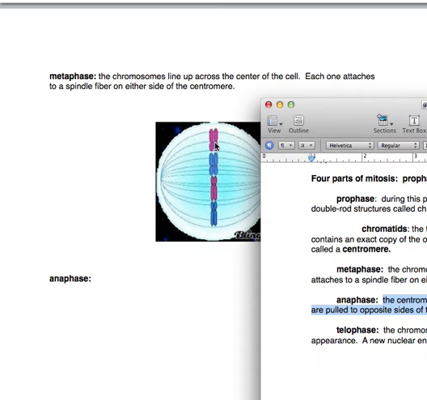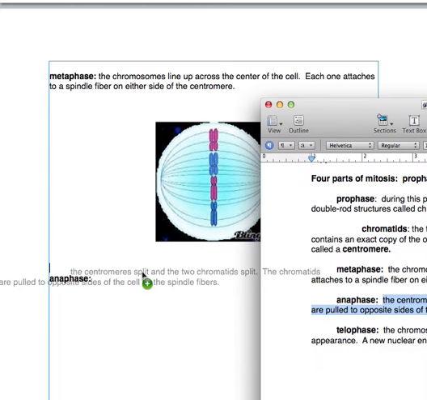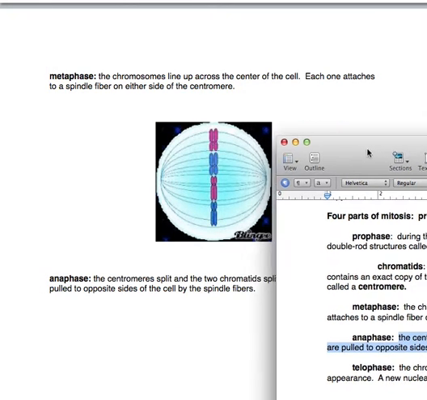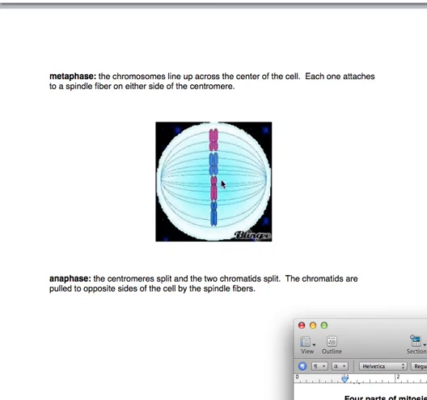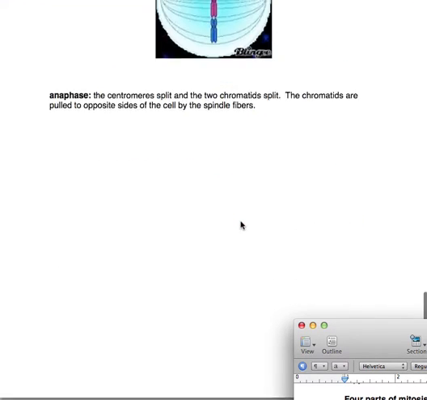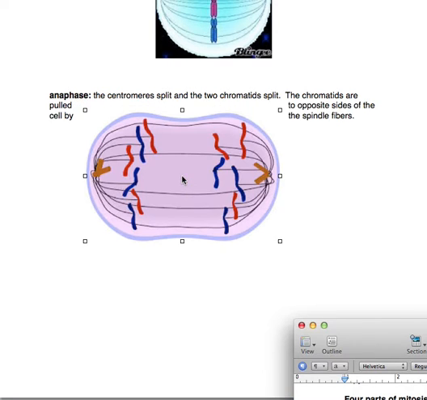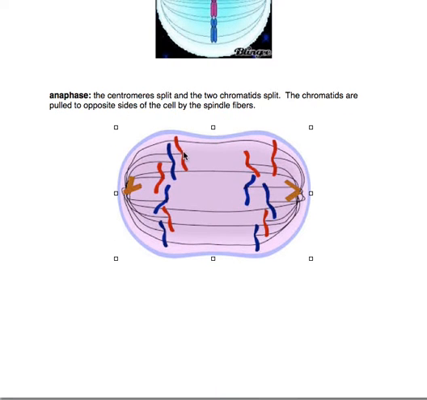So when the centromeres split, the chromatids are going to split too. And then they're going to be pulled apart and pulled to the opposite sides of the cell by these fibers here, called spindle fibers. So here we have a little picture of that happening. So they've split, and now they're being pulled to either side of the cell.